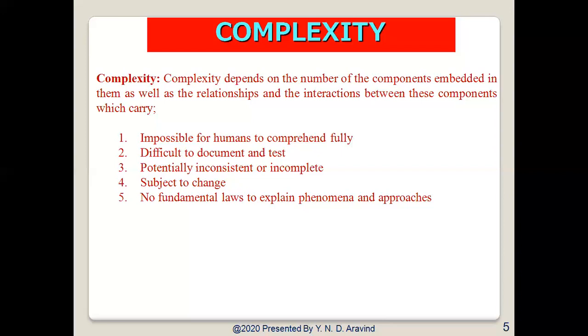Such systems are impossible for humans to comprehend fully, difficult to document and test, potentially inconsistent or incomplete, or are subject to frequent change, or there are no fundamental laws to explain the phenomena and approaches. When there are no fundamental laws to explain the phenomena and approaches, there we face complex problems.